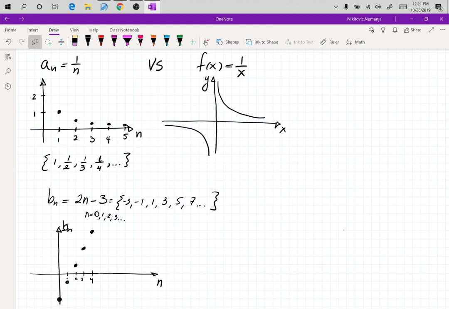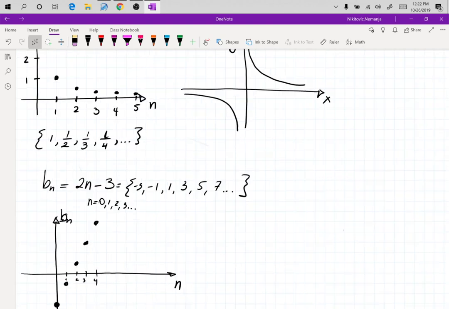Now we are getting to a concept of convergent and divergent sequences. Convergent meaning as you go to infinity, the y values, the a_n, will go to a certain number, the top one, 0, right? Divergent meaning as you go off to infinity, the b_n, for the second example, would go to infinity.